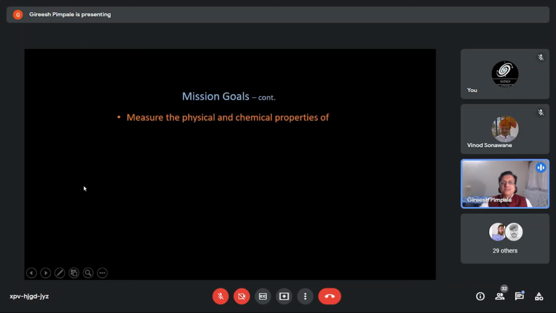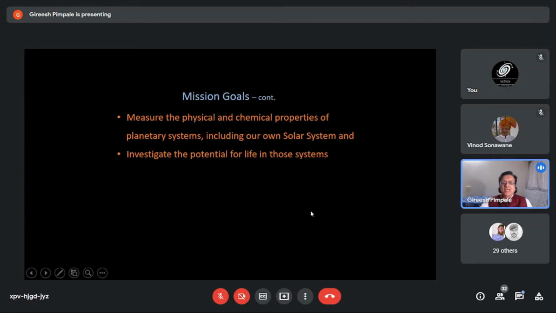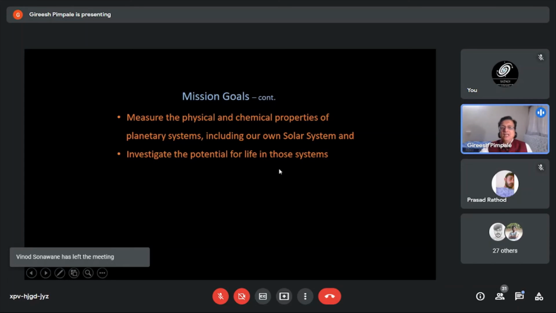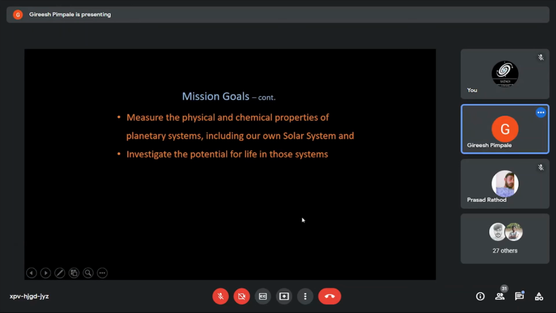So the mission goals: further measure the physical and chemical properties of planetary systems, including our solar system, and investigate the potential for life in all these planetary systems. Now, this has been a matter of curiosity and research for a very long time, whether life exists on other planets or not.